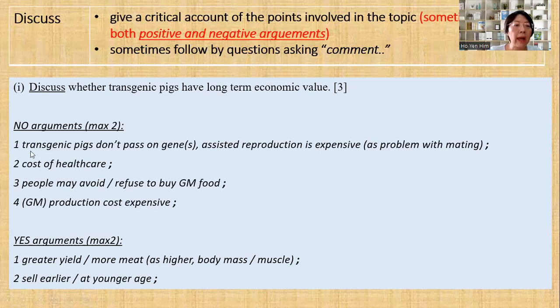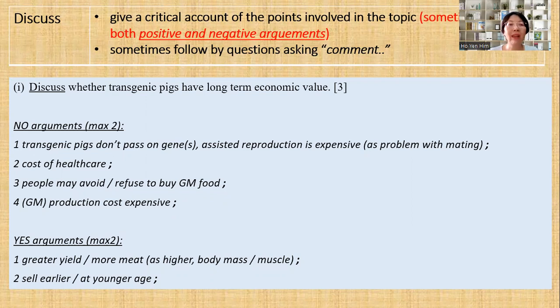And then the cost of healthcare: the moment you want to produce a transgenic pig, you need to take care of the entire process from IVF, from collecting the semen, artificial insemination, flushing out of the embryo, right? Splitting of the embryo, transfer of the embryo to a surrogate mother, taking care of the health of the surrogate mother.